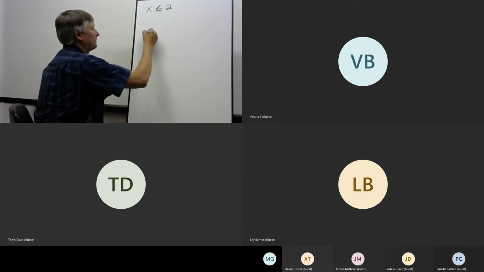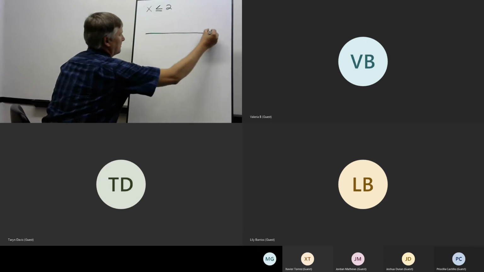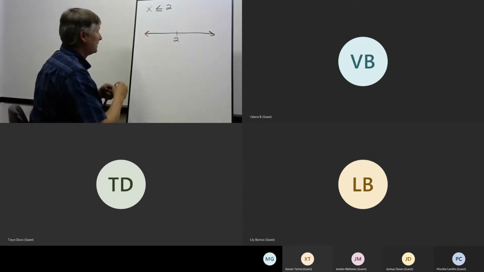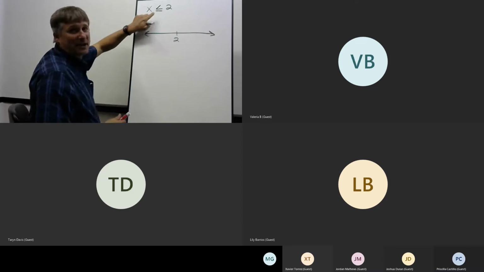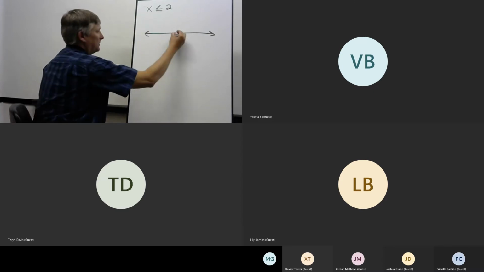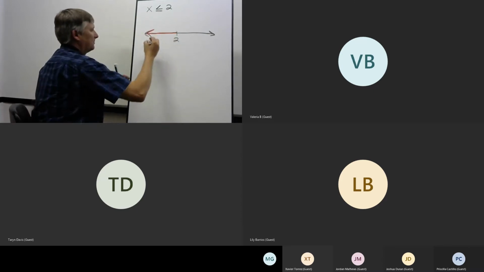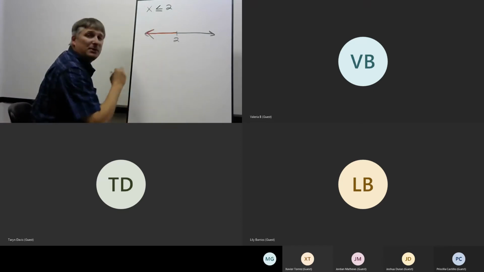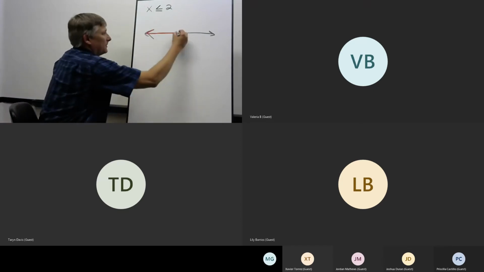Well, I draw my number line. There's my 2. We're talking less than, so everything less than 2. But then we've got this equal to. So that means we can include 2. So I just shade it in like that.